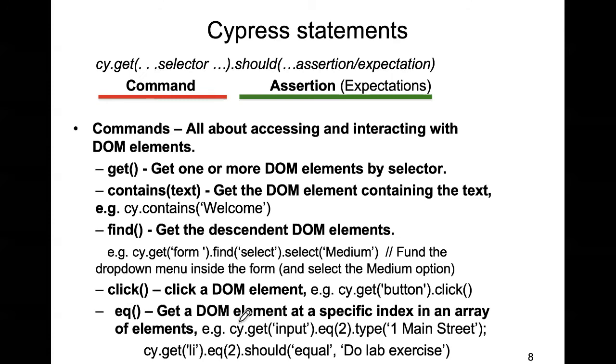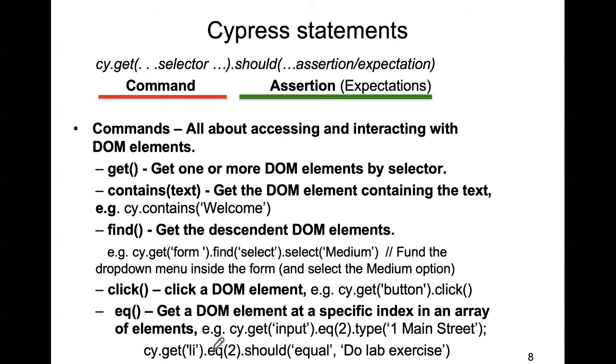Let's run with it anyway. Let's assume I've got a number of text boxes on a particular web page. So the cy.get input is going to return the array of all of the DOM elements of type input. This here is going to pick out the third one in that array because it starts at index 0. So 2 is the third one. So I'm picking the third text box and it looks like I'm typing something into the text box.